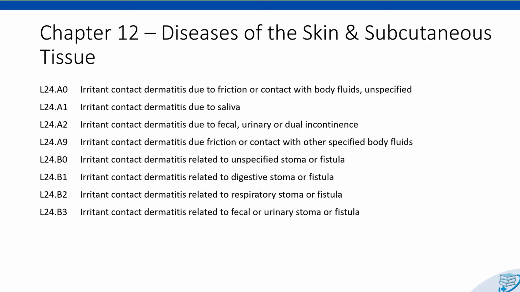So now it defines whether they've got this irritation on the skin because of fecal matter, because of saliva, or because of some sort of stoma-related condition. Presumably, if it's related to a stoma, you may also want to look at the codes that are complications of the stomas. So something to consider. These are going to definitely improve the data related to these specific conditions and their causes, and hopefully help develop preventative measures.